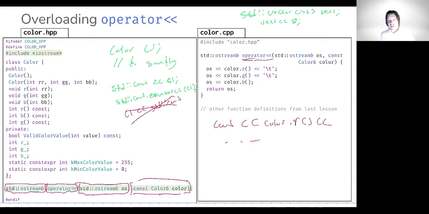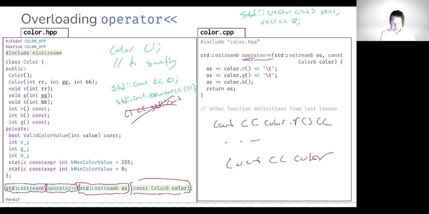In fact, if you write cout color, that OS is bound to cout, so it's effectively doing the exact same thing. Likewise, if it's a file stream. This is user defined, so it's whatever format we'd like. In this case, between the R, G, and B values, I'm putting a tab. Then you have to remember to do the next step. If you don't, you will see another error.